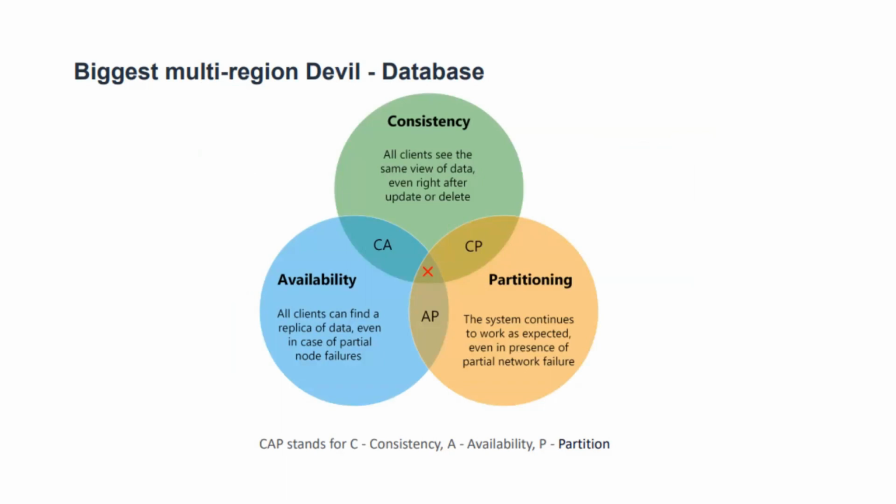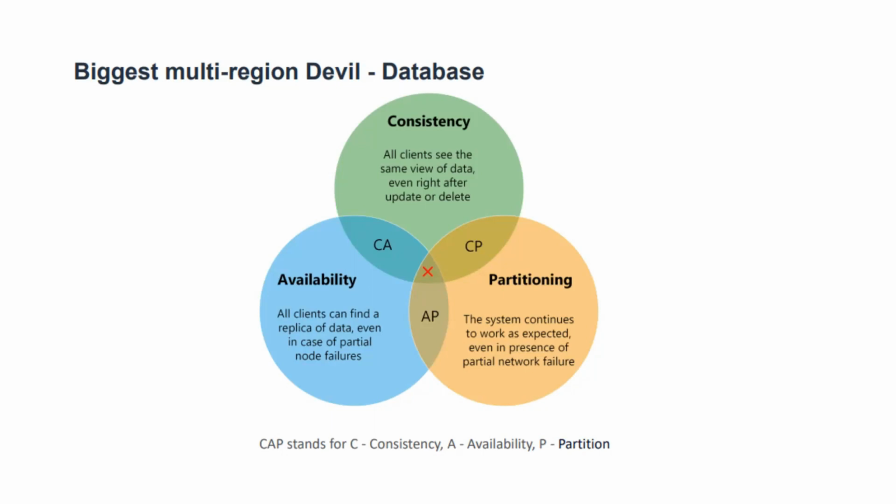These are the things you need to have as compulsory if you are dealing with the multi-region approach in the database. First one is consistency. All clients need to see and edit the data at the same time. There should be a concurrent approach in this process; that is called consistency.